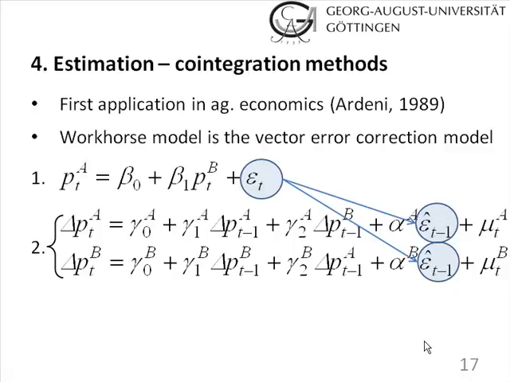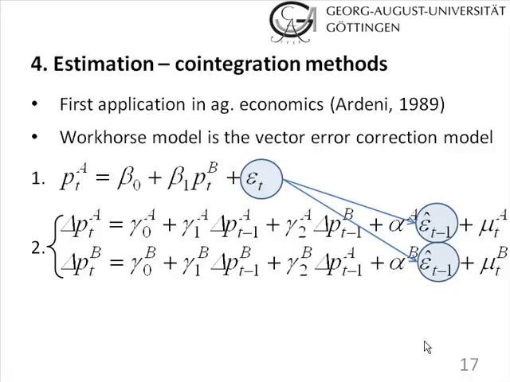If there was a disequilibrium in the previous period, then it feeds into this equation and leads to a change here. And that's why these are called error correction models, because the idea is that this is an error, essentially, the deviation from the equilibrium. And the error here is corrected in this second stage of estimations.